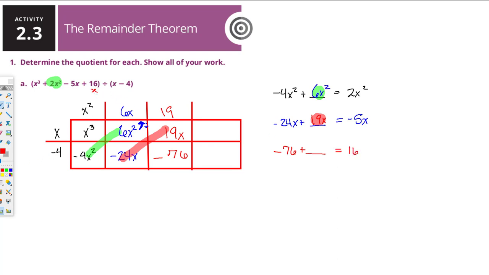Because these numbers do not match, so I have to go one more step. Plus 60. So this is my remainder. And so my solution when I divide that is x squared plus 6x plus 19 with a remainder of 60.